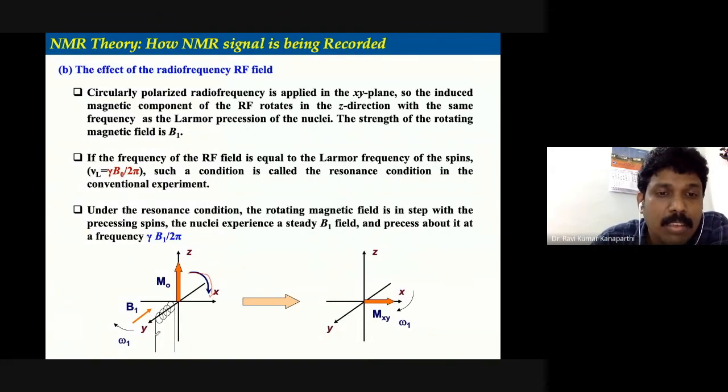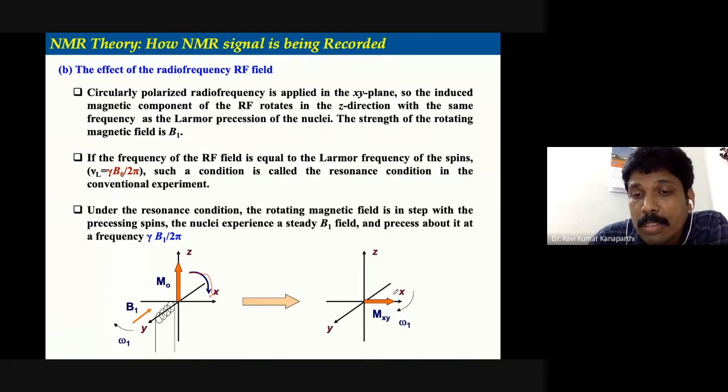Like this. So B1 is chosen such that this net magnetization vector tips. Originally it is along the Z direction, but after the application of this B1 induced magnetic field, it comes to the x-axis. Sir, why only the x-axis?